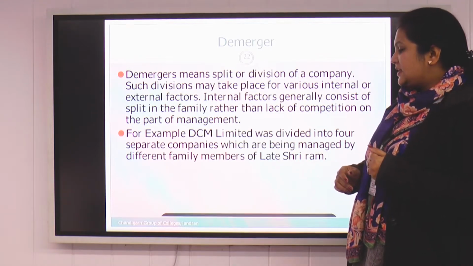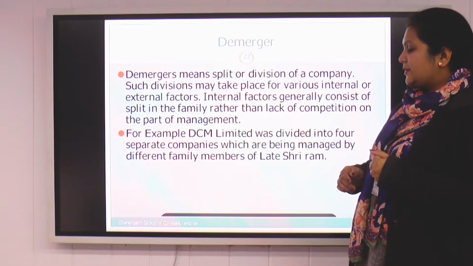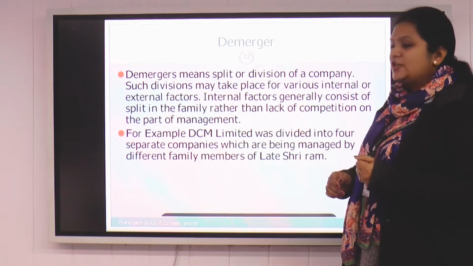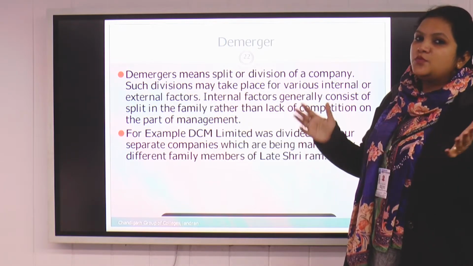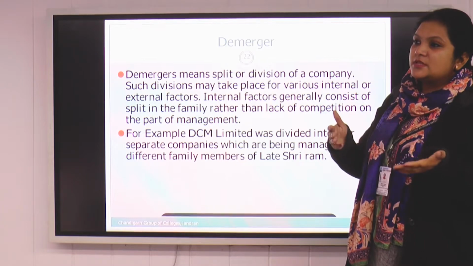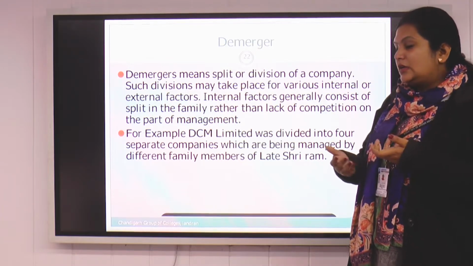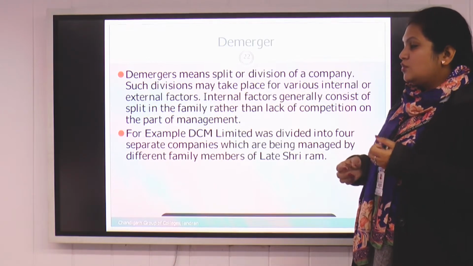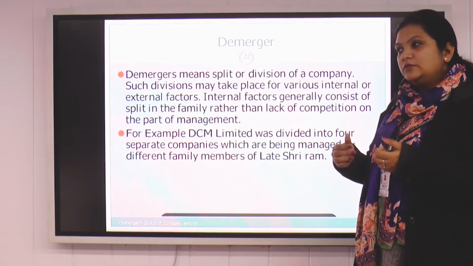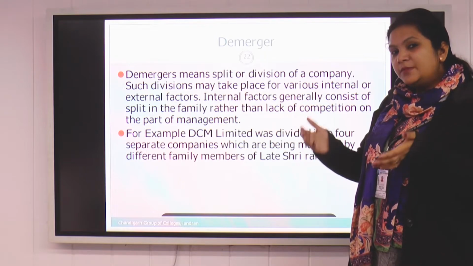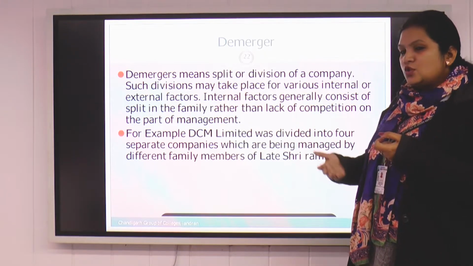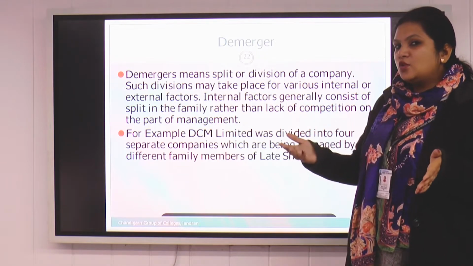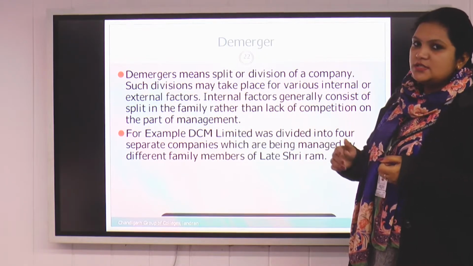For example, DCM Limited was divided into 4 separate companies which are being managed by different family members of late Sri Ram. This generally happens with Hindu family businesses that whenever there is some dispute or issue, they tend to make 3 or 4 segments of a similar set of companies for their children or for different people that run different businesses on their own. Right? That is called demerger.